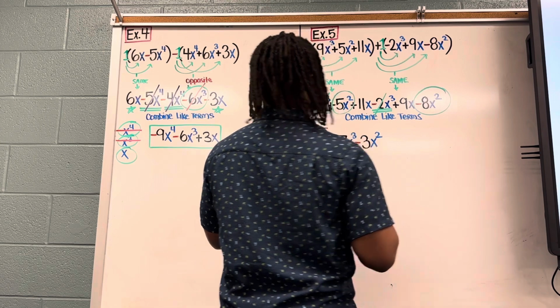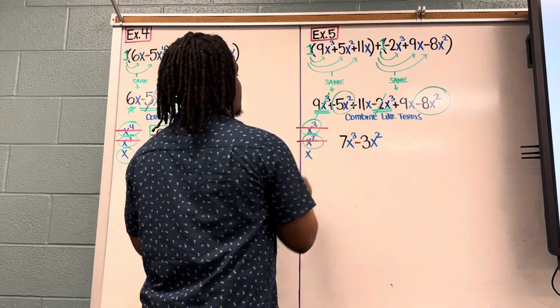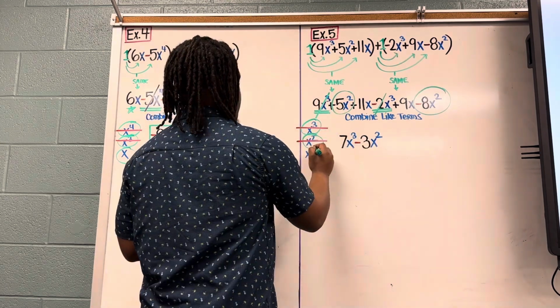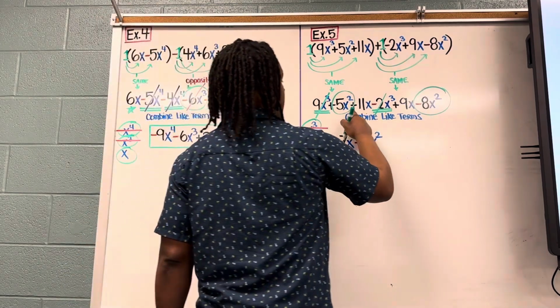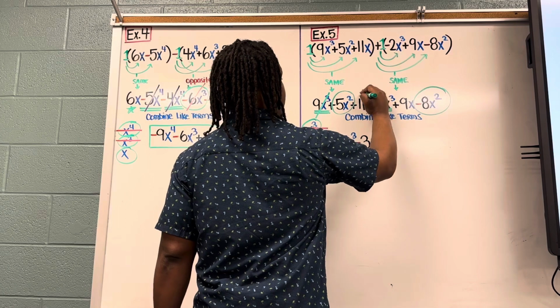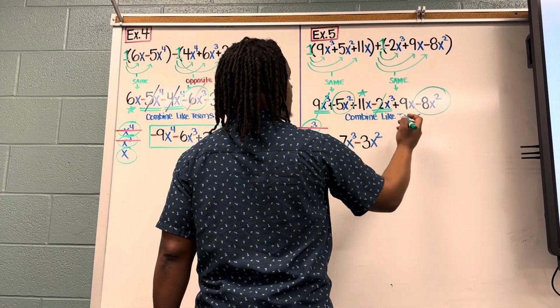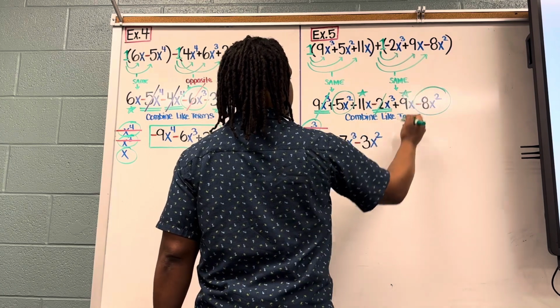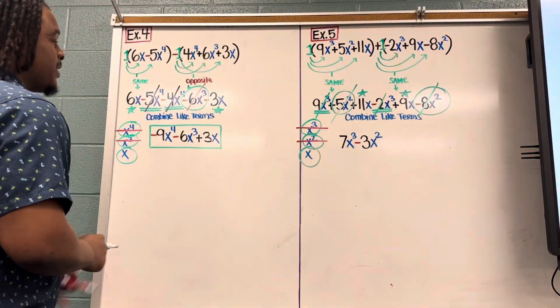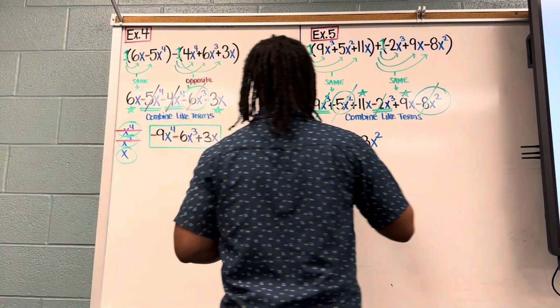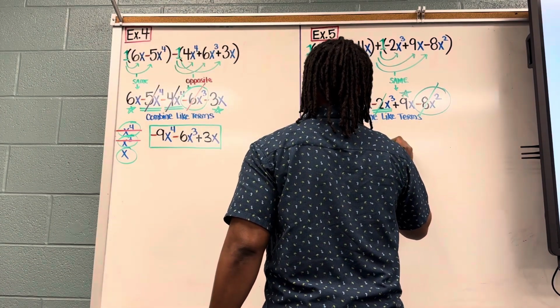And then the last group, guys, that we need to combine is this x to the first power, or this x, right? The two values that I see remaining are 11x, I'm going to put a star on top, and 9x, okay? 11 plus 9 is 20, so that will equal 20x.